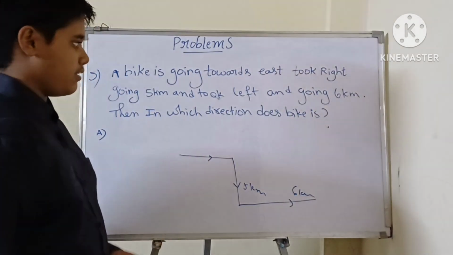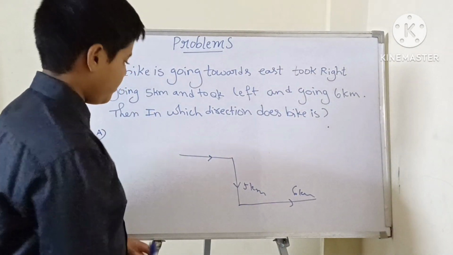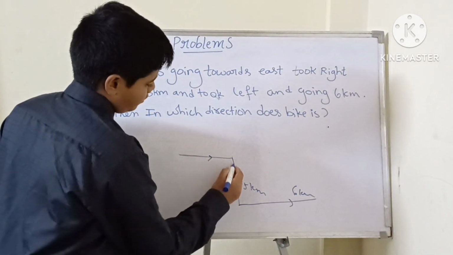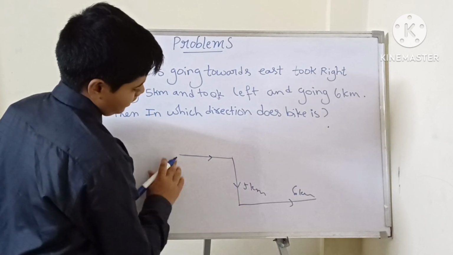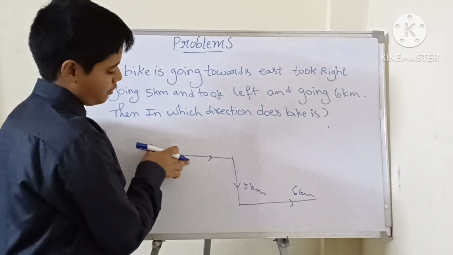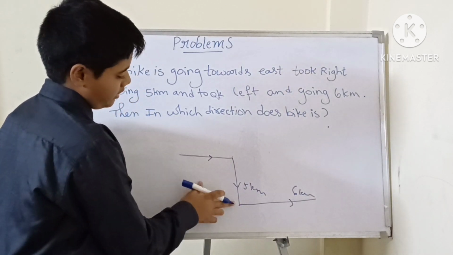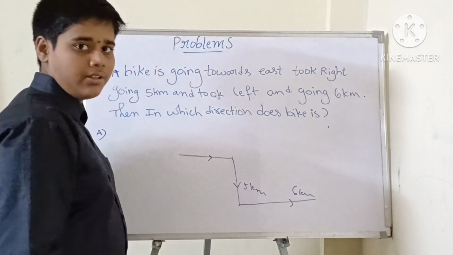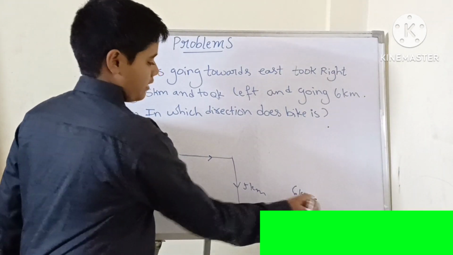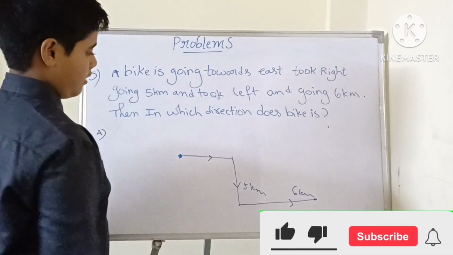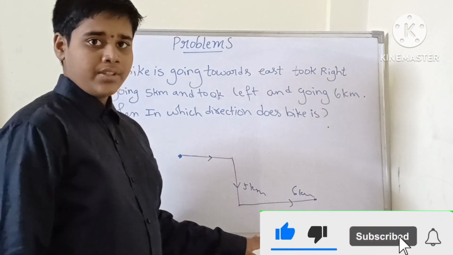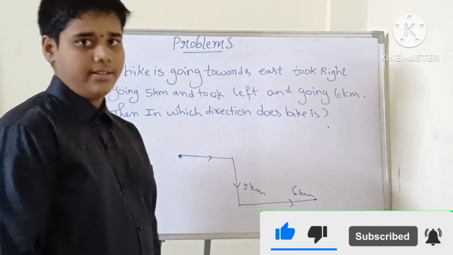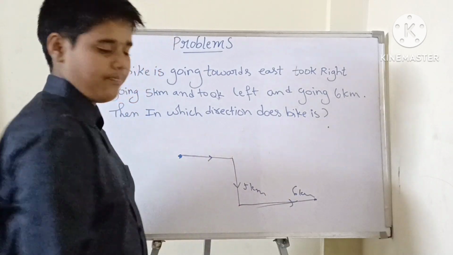So in which direction is the bike moving? The final point is here, the initial point is here, and the direction the bike is moving at present is east.